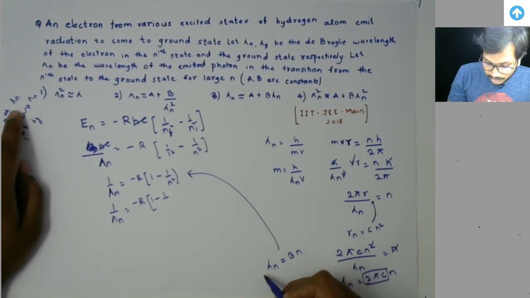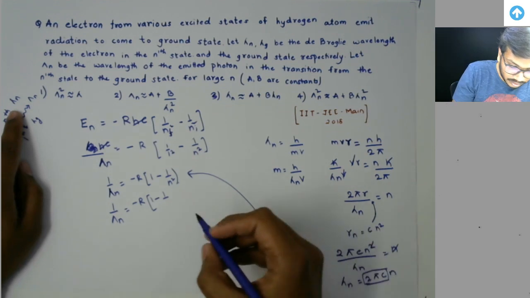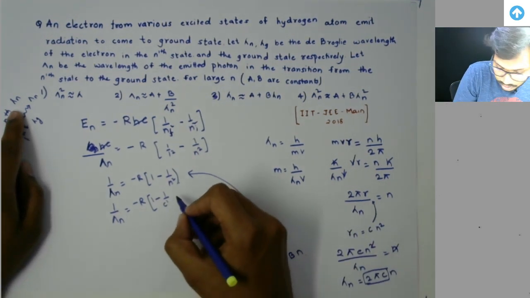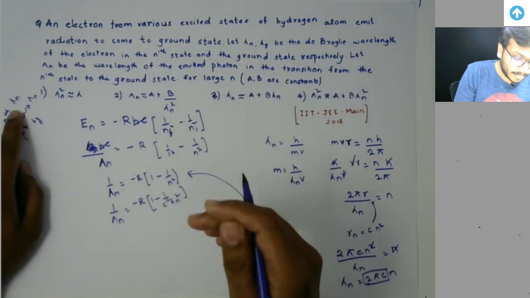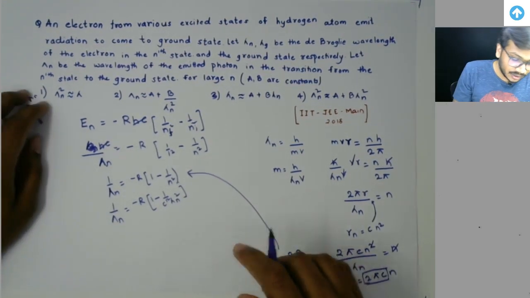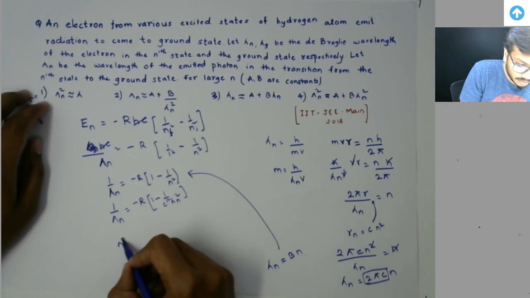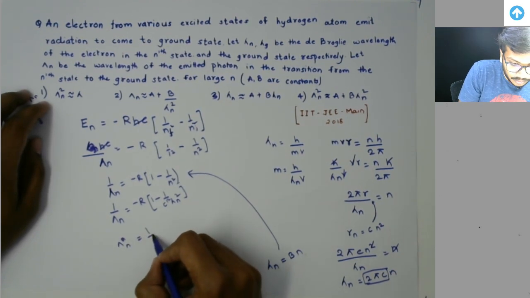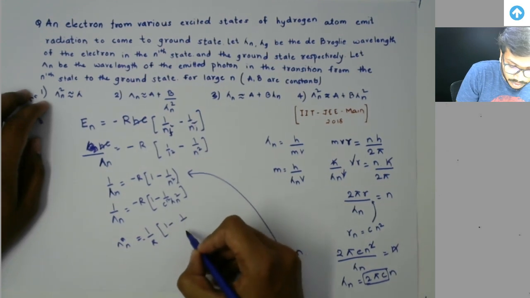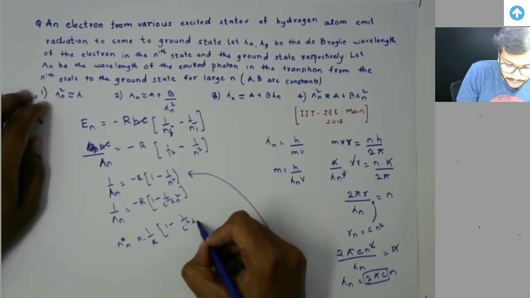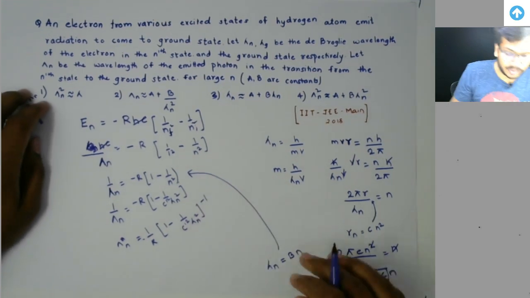I'm calling 1 upon b some other constant, let's say c dash, into lambda n square. Now if we reverse this, we will get tilde n is equal to 1 by minus R into 1 minus 1 upon c dash square lambda n square, raised to minus 1.